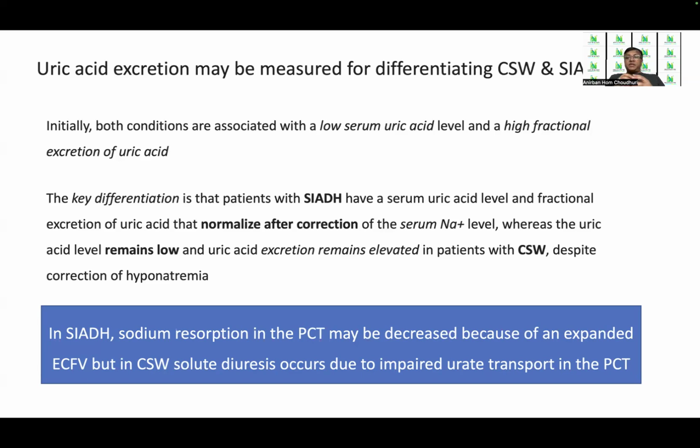So the site is proximal tubules, no doubt, but the mechanism by which diuresis of the uric acid occurs is different in CSW from SIADH, and that is why it does not get corrected even after the correction of sodium in CSW, but it gets normalized after correction of sodium in SIADH.